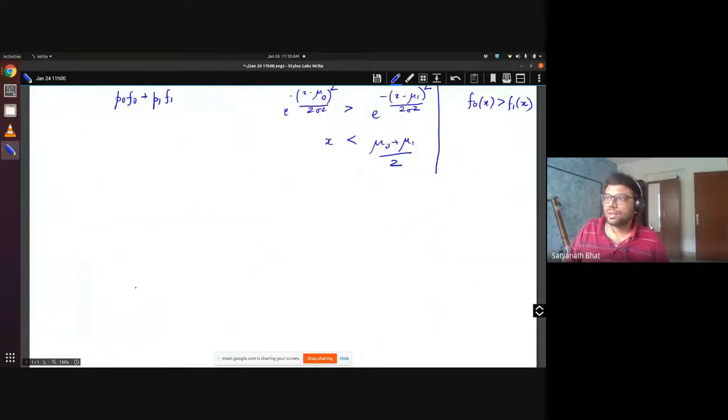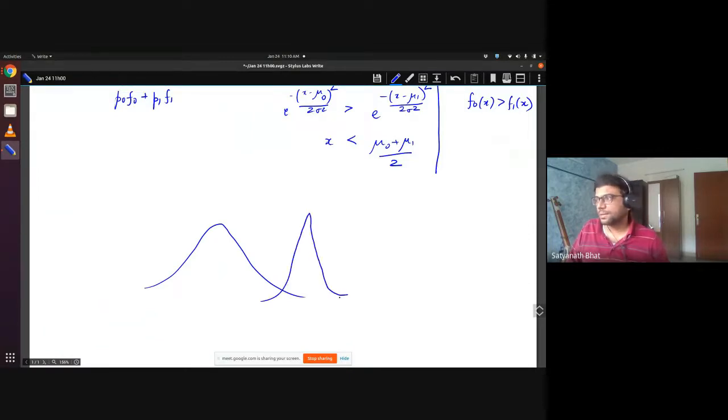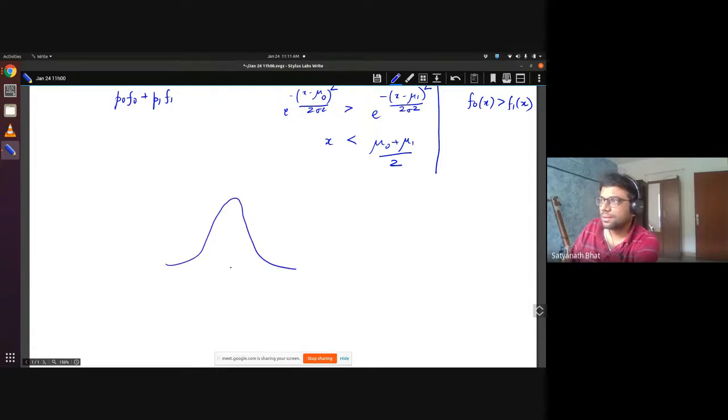You will have one which is possibly like this, another one which is perhaps very sharp. Something very sharp. And then you need to find out which is the region where one is bigger than the other. Let me just try to draw properly. Something like this it would be, right?